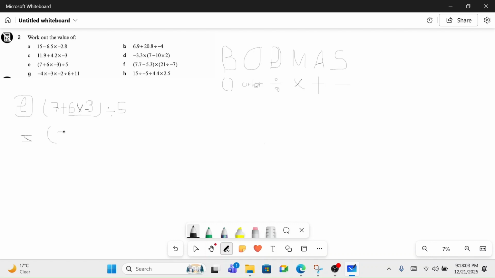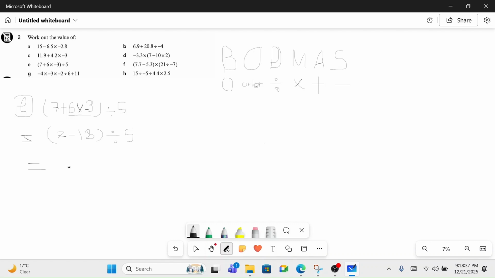So what is 6 times negative 3? 6 times negative 3. It'll be negative 18. I'm sorry. 6 times negative 3, negative 18. So it will be 7 minus 18 divided by 5.